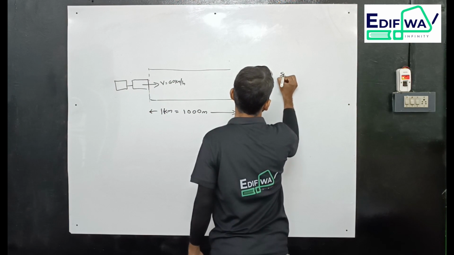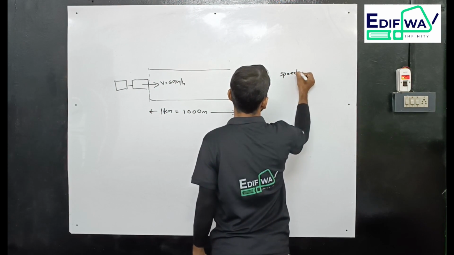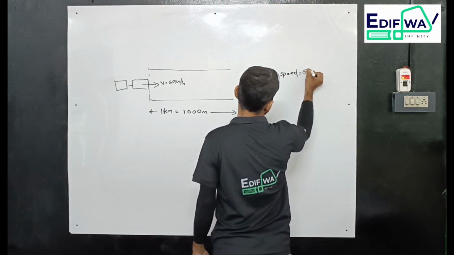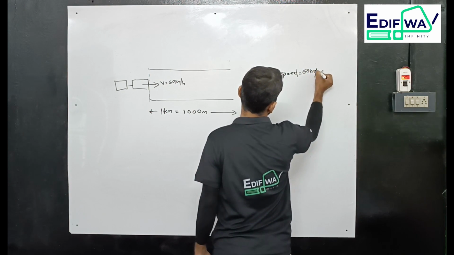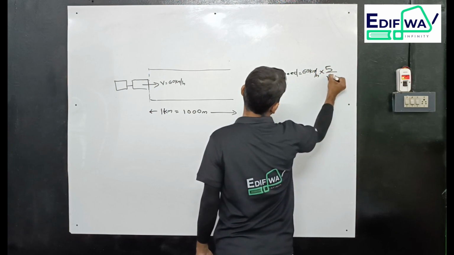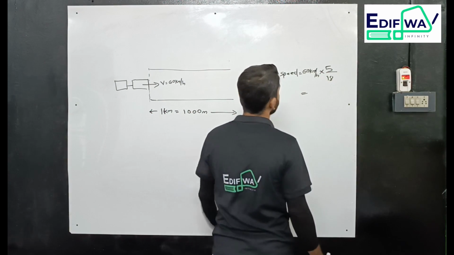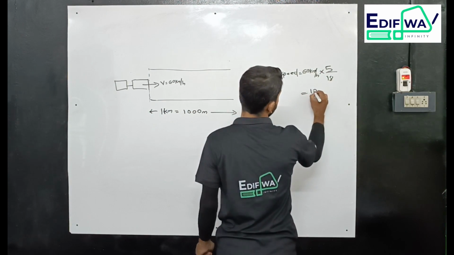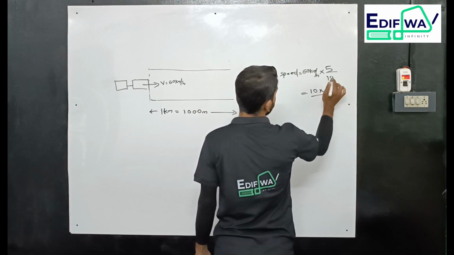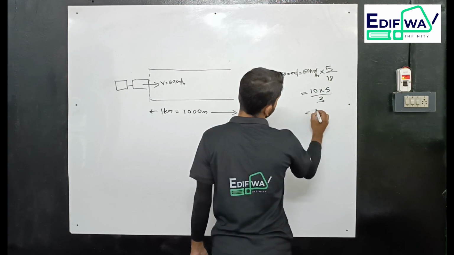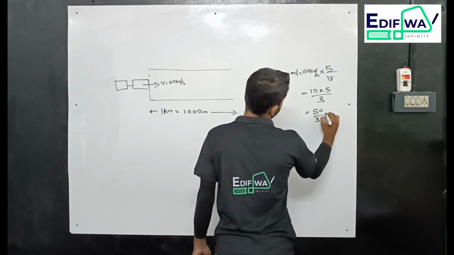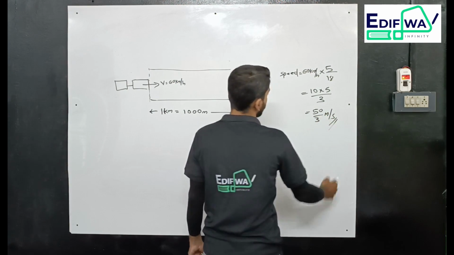So speed is 60 kilometer per hour multiplied by 5 by 18. You can cut this with 6, so this becomes 10, and the denominator will become 3, so it is 50 by 3 meter per second.